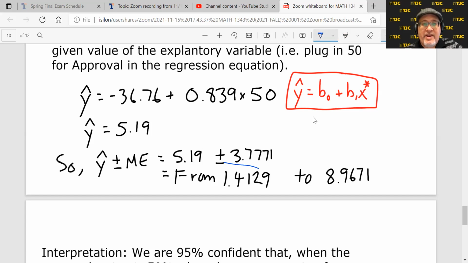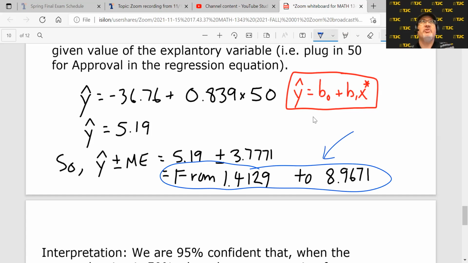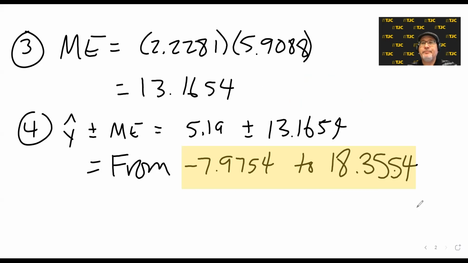The main difference is that the objective of the confidence interval is to say, I am 95% confident that the mean of all of the margins of victory is in this interval. The purpose of the prediction interval, this guy, is to say 95% of the actual margins of victory are in this interval.